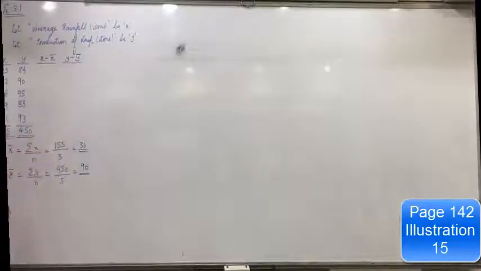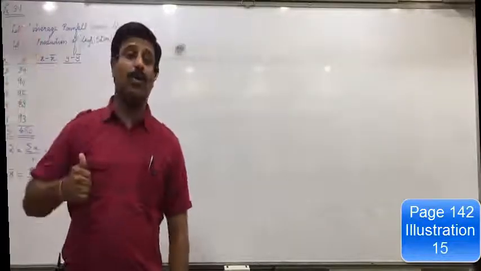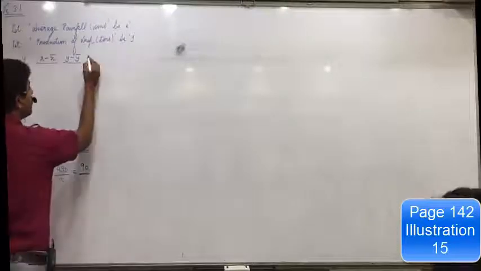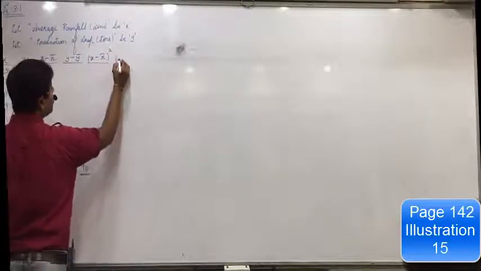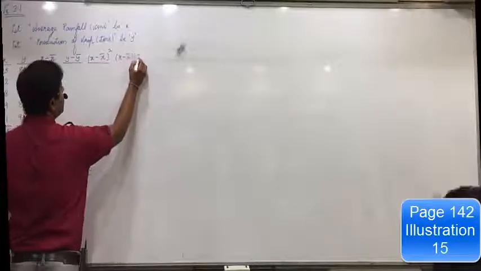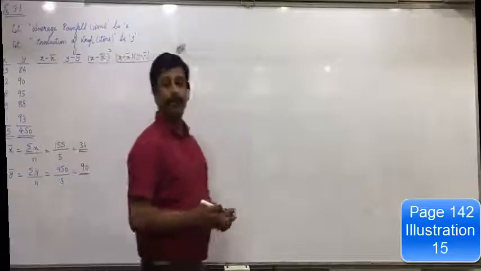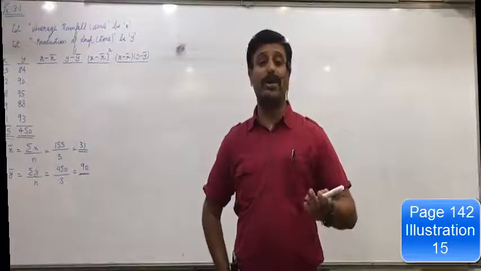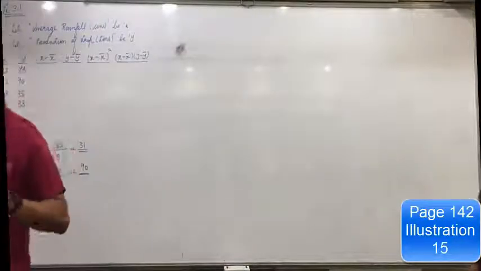In the last chapter we used to make 3 workings, but in this chapter only 2 workings: X minus X bar whole square, and X minus X bar into Y minus Y bar. What we don't require is Y minus Y bar square, because we don't have to find the regression line of X on Y. We have to find the regression line of only Y on X.